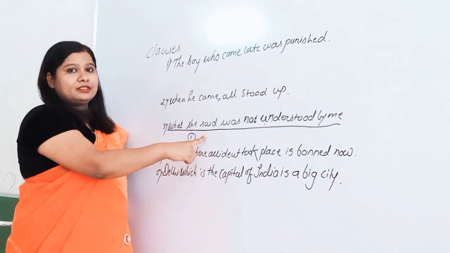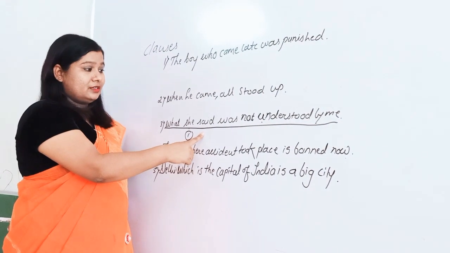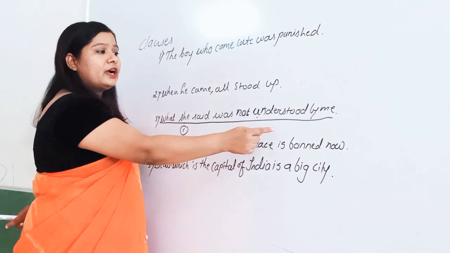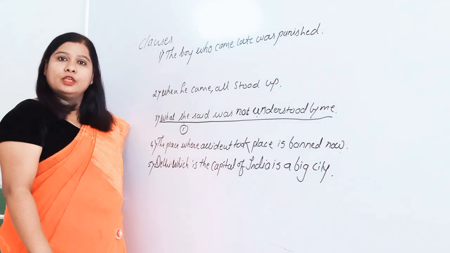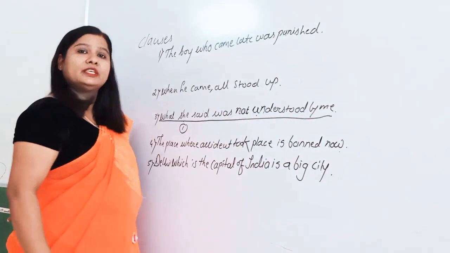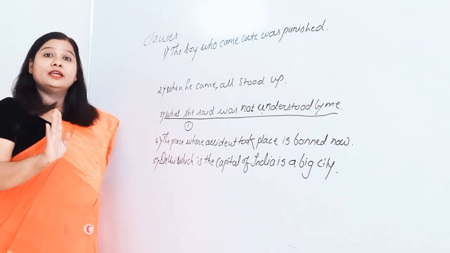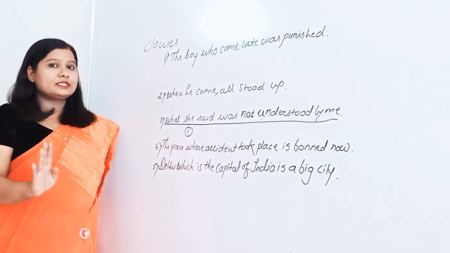Said, the word said is there. It cannot be the subject, it's a verb. Even was is a verb. Even not understood, this is also a verb. And by me cannot be the subject. It means the sentence does not have a second subject.